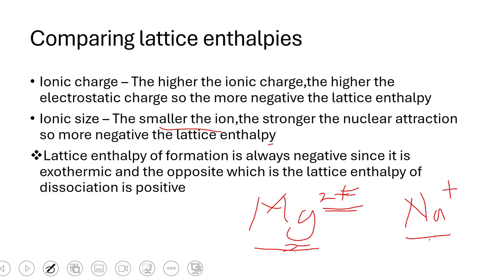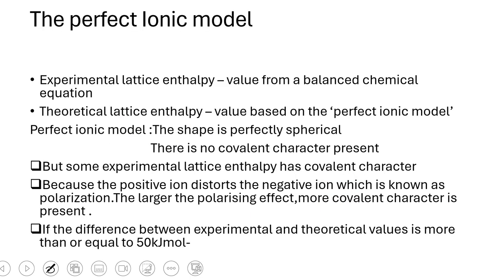Also, the lattice enthalpy of formation is an exothermic reaction, so it will always be negative, and it is the opposite of the lattice enthalpy of dissociation. So the lattice enthalpy of dissociation is positive, like we said at the beginning of the slides.